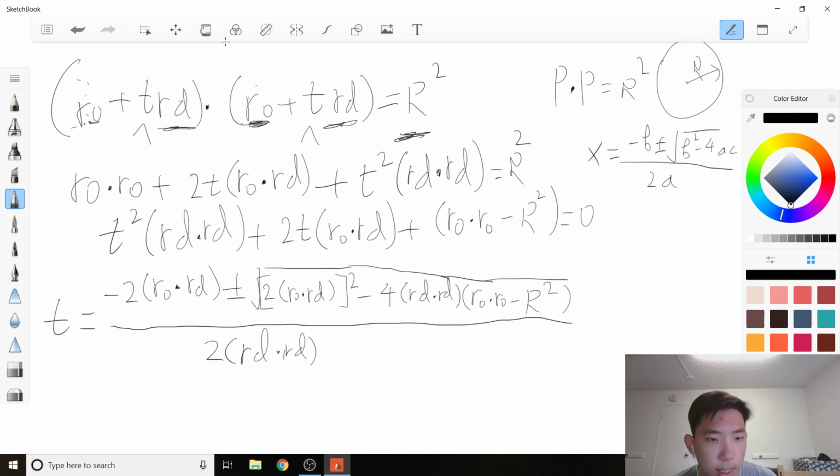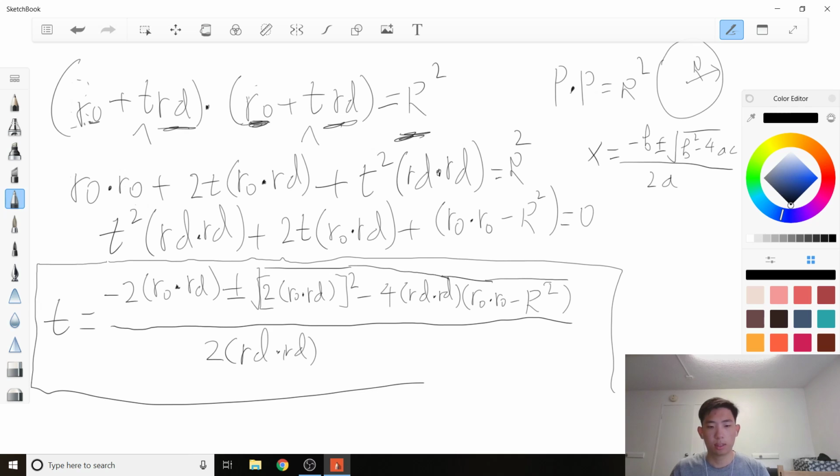This is the equation for the analytical intersection test between a ray and a sphere. It's quite elaborate, but it's O of 1 in almost anything, because you just do a single computation and you get the intersection point.